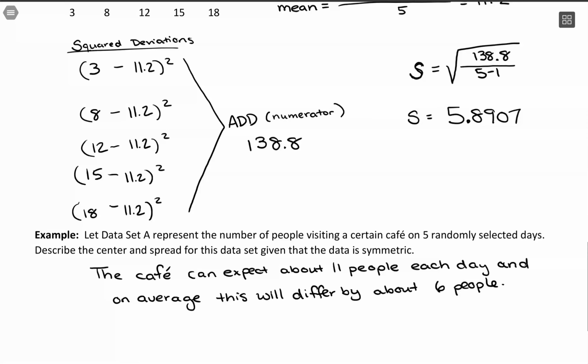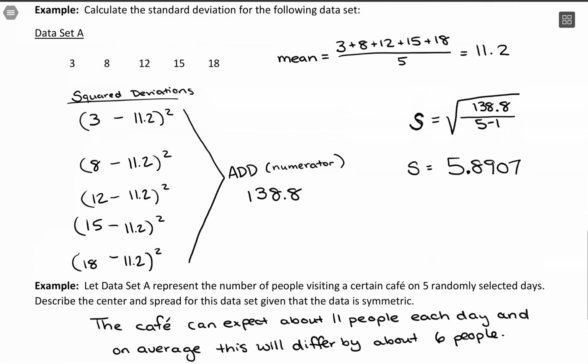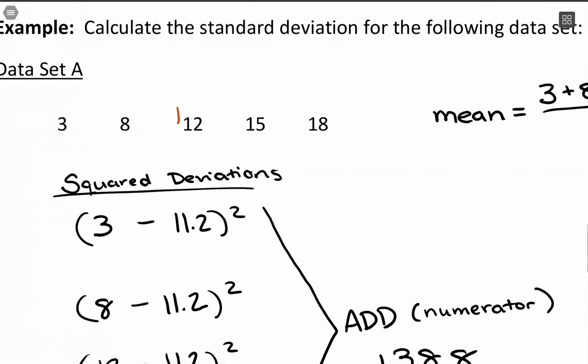So the idea being for this data set, we expect 11 people, but we could expect like 6 less than that or 6 above that. And what you can kind of visualize, so 11 is landing about here in our data set. And then we've made this range of 6 below, so like 5, and then 6 above, 17. So it does cover most of the data.